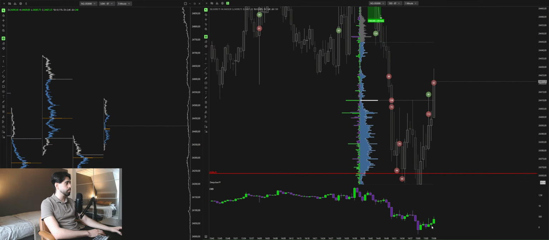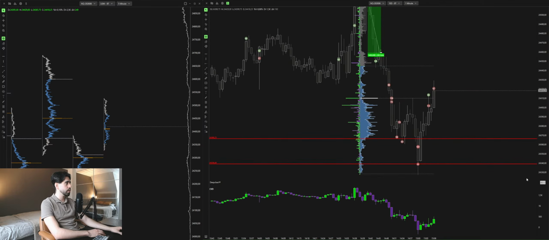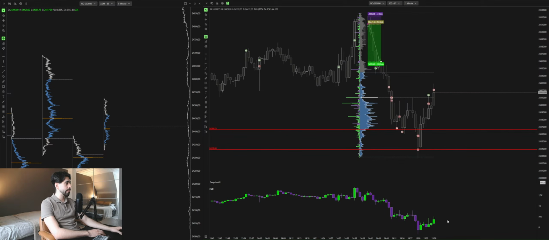Look at this, the CVD. Are you noticing it? What is CVD doing? Look at this high. And what is price? Can somebody in the chat tell me what's happening here?